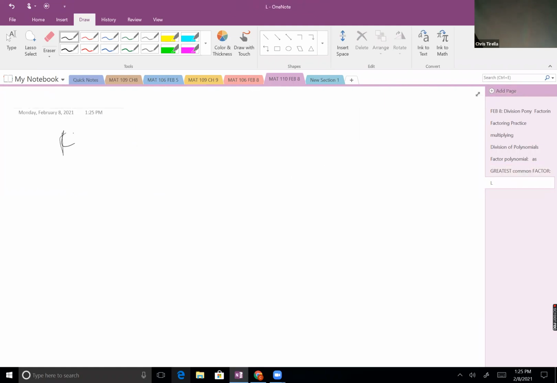So for each of these, the directions are to just factor out the greatest common factor. First one, I'm going to look at 16x minus 24. Can anybody think of the largest number that divides both 16 and 24 evenly? 8.